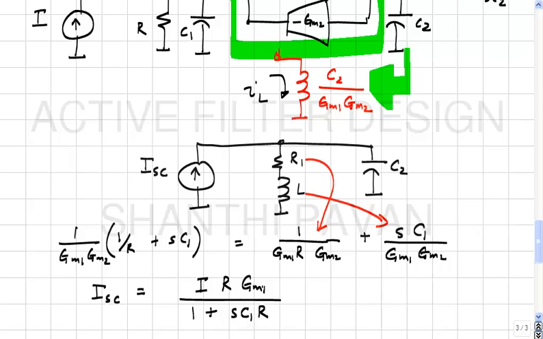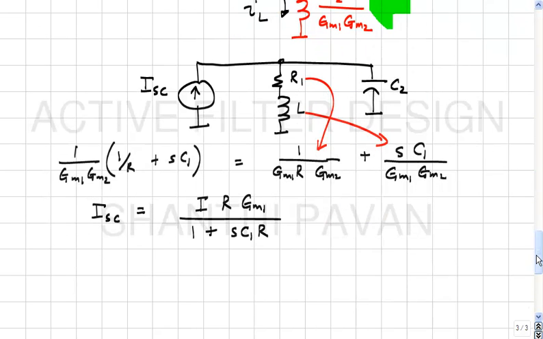Correct? And please note that L by R1, what is L by R1?